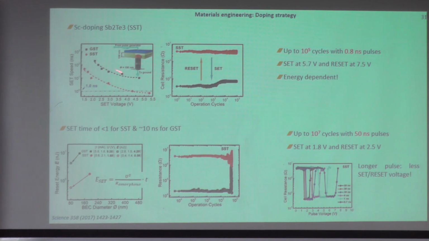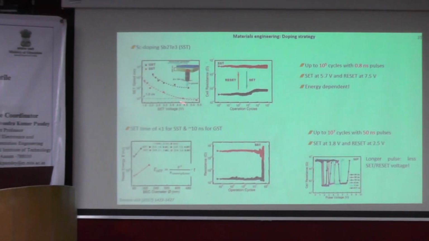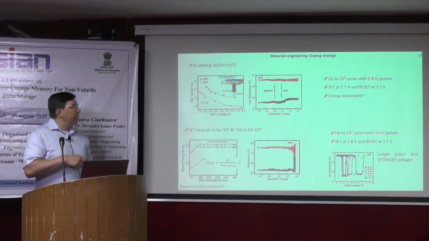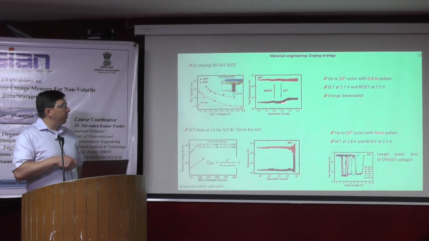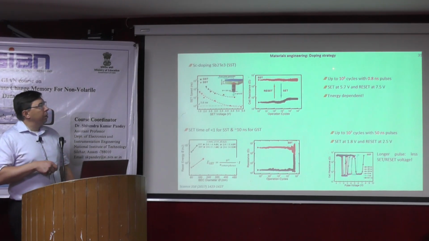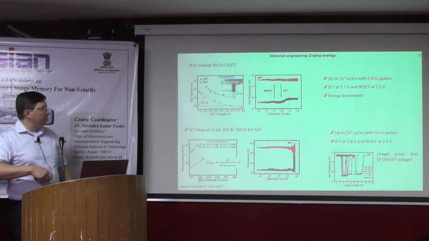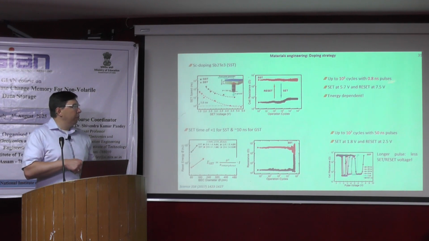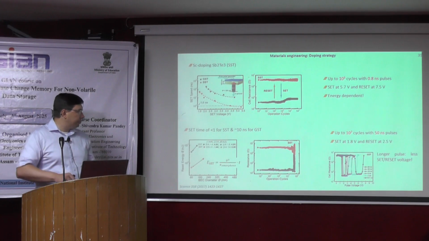So you can achieve set times which are even less than one nanosecond. Again, we are going into the sub-nanosecond range. Also, you can achieve very stable switching between set and reset states, and the cycling endurance is also very high, very nice for applications with very short pulse length.